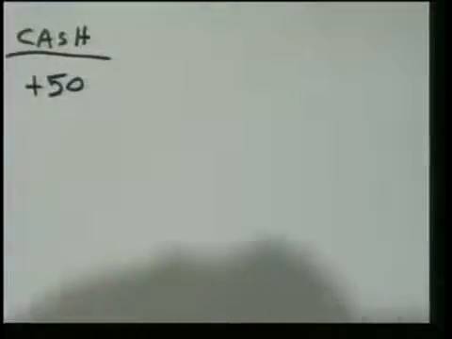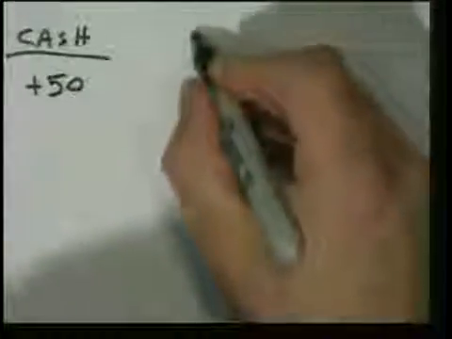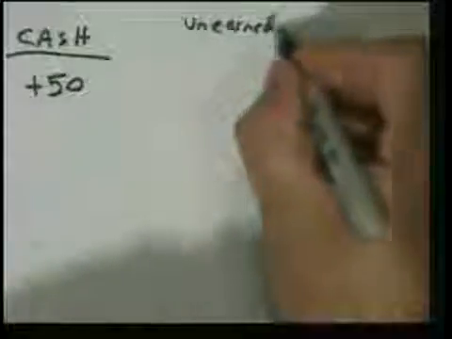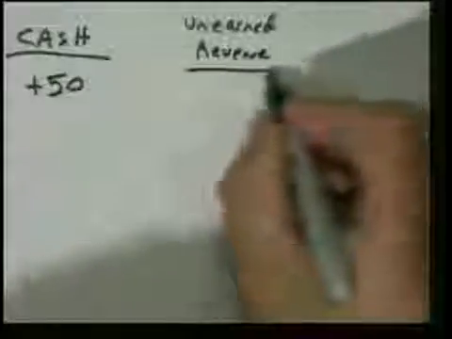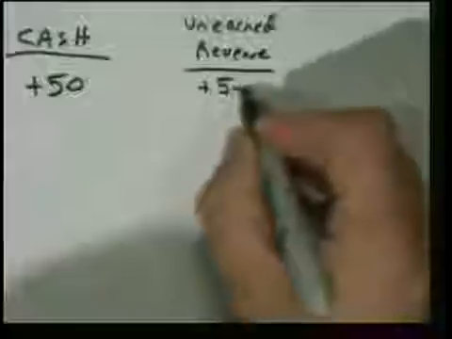Well, on Jake's accounting records, if we were doing the transaction analysis, how would we record that? I'll show you. Cash for Jake went up by 50, correct? And then we would have an account called unearned revenue that would also go up by 50.